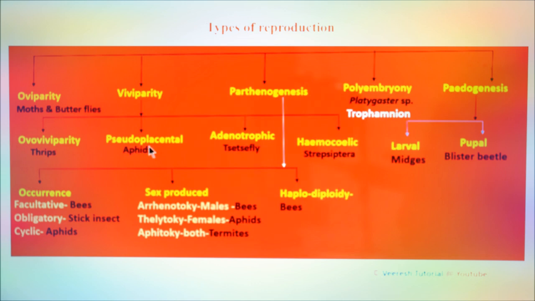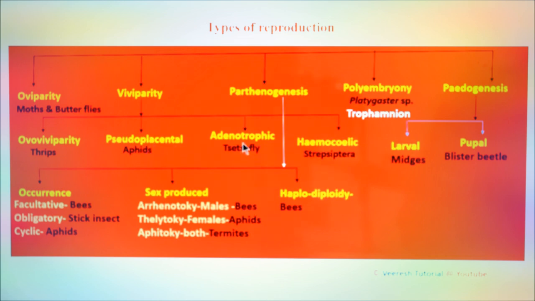Pseudoplacental reproduction means usually a yolk-deficient egg develops inside the mother, that is, inside the genital tract of the female. So the mother supplies nutrients to the developing embryo through a placenta-like tissue. This type of reproduction you can see in aphids.